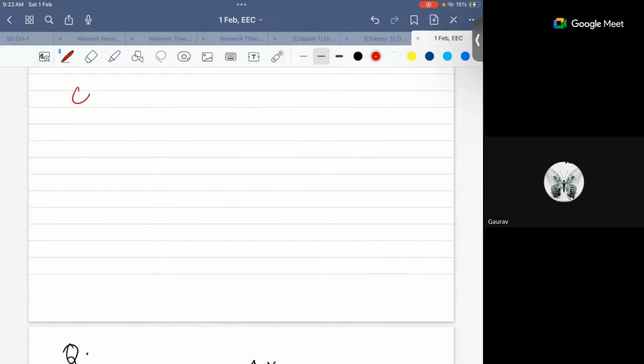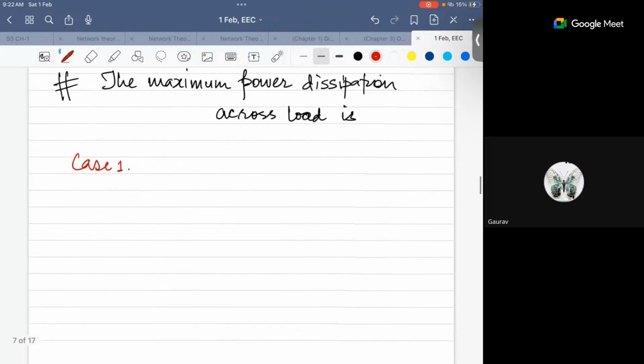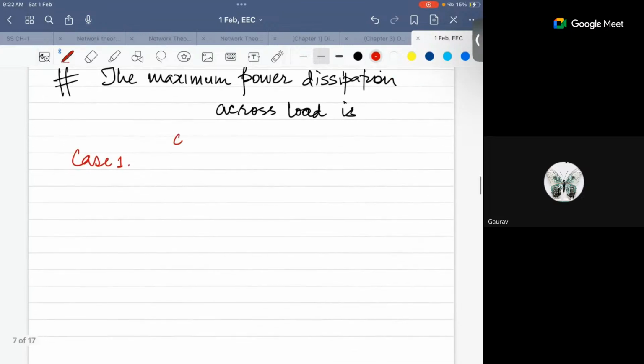So the first case can be, for example, this is in the circuit and this is in the load. In the circuit it will be Rs plus jXs, and in the load I'm writing RL plus jXL.